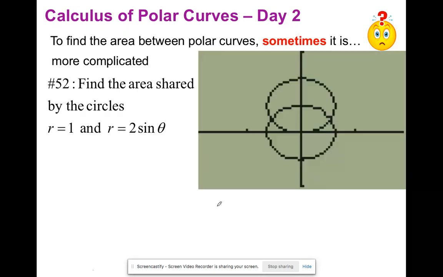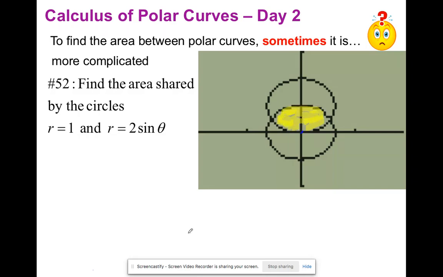There you are. Can you tell which circle is which? A circle with a radius of 1 has the origin at its center. So I want to find the area shared by the circles. Can you see that area? Can you visualize it? It's right here.